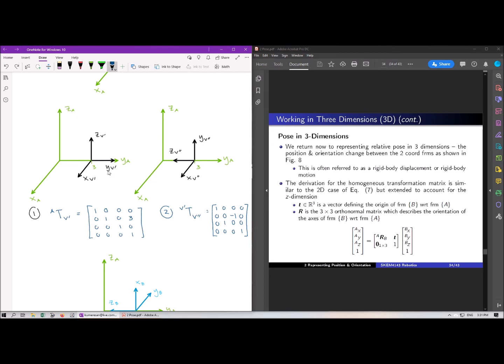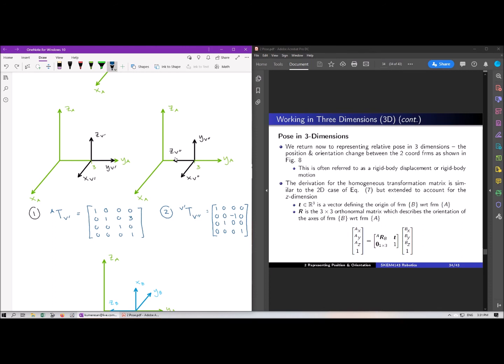So the next step, or the next motion, is we rotate. As you can see, we rotate about xv prime positive 90 degrees. So yv prime goes here, we have yv double prime, and z goes here.